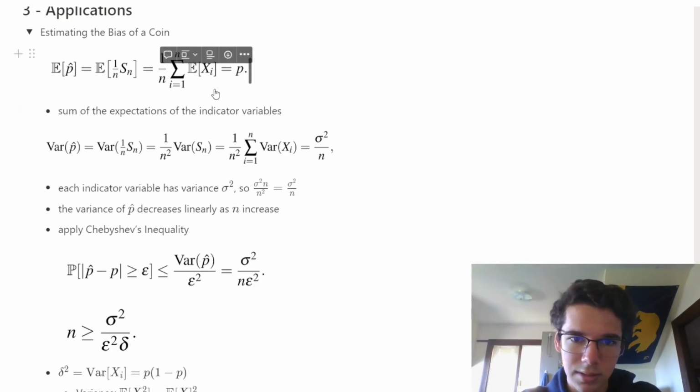So again, this is equal to n times p, and 1 over n times np is equal to p.